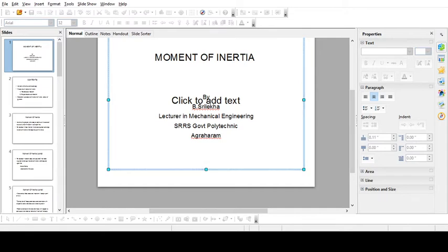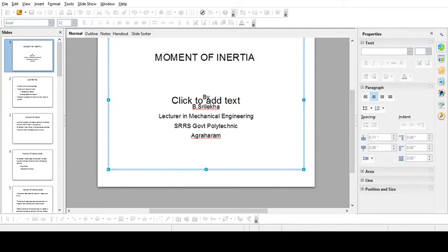We know that the moment of inertia is simply I is equal to A into h squared. So h squared means, along the x-axis, you take the vertical distance, which is d squared by 4. d by 2 you have to consider as h.